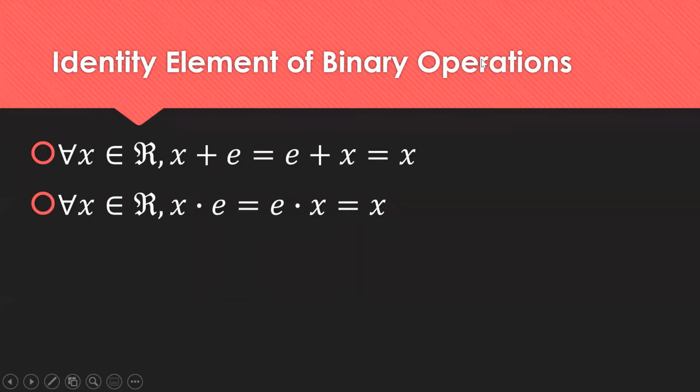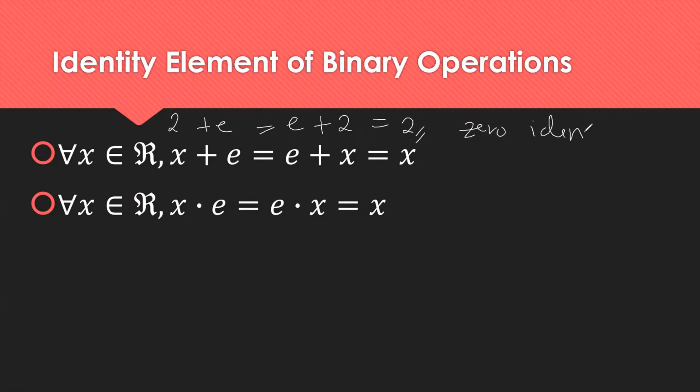For example, for addition, suppose x is equal to 2 and 2 plus e is equal to e plus 2 is equal to 2. What number are we going to add to 2 for us to get the sum of 2? That is 0. Meaning 0 is the identity element for addition.